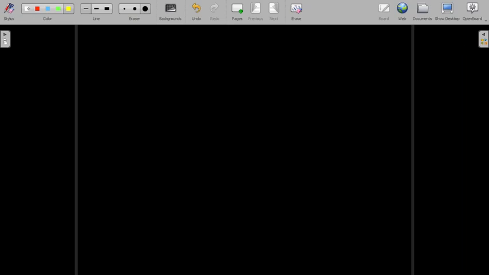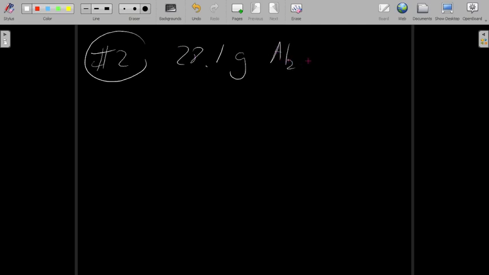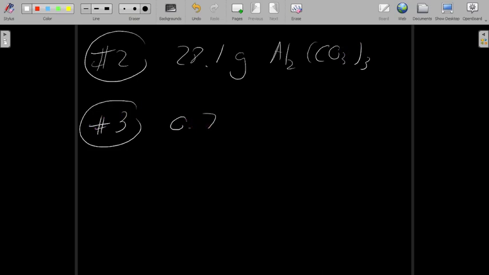Let me go to number 2 first. So the answer for number 2 is 28.1 grams of aluminum carbonate. Number 3, the answer for number 3 is 0.768 moles of this compound.